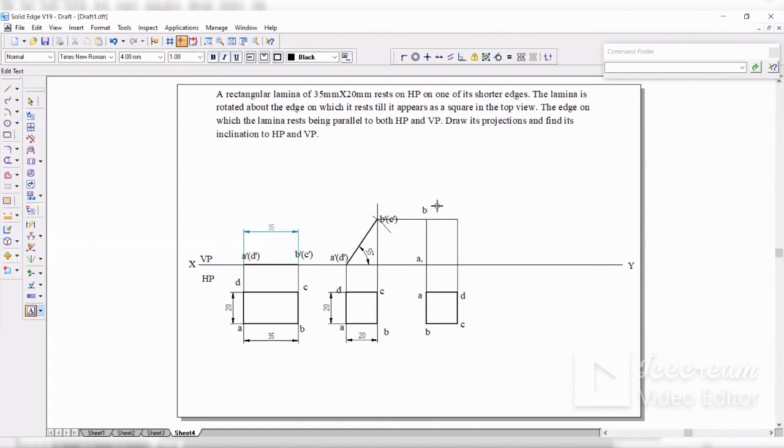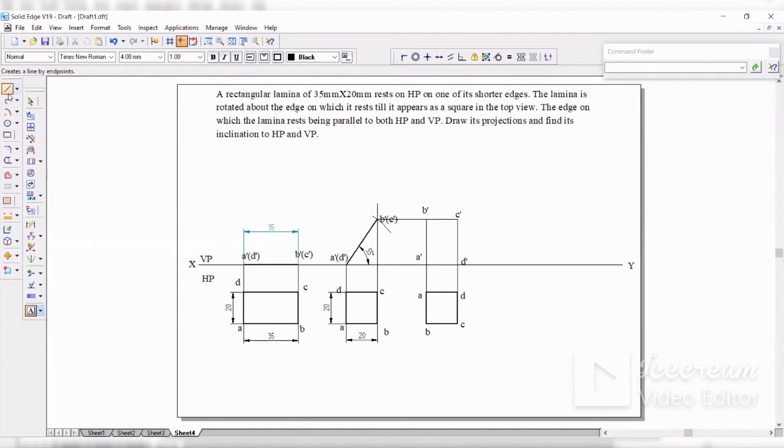This is B dash. Sorry, this is not proper. This I will delete. I will write it as A dash, B dash. This is C dash. This is D dash.